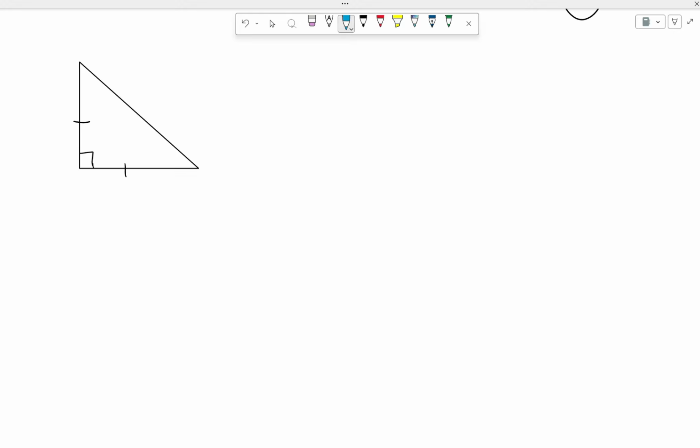So this side is x and this side is x, because this is a 45-degree angle, meaning the other has to be a 45-degree angle, so the hypotenuse has to be x rad 2. If I take the tangent of 45, the calculator gives you 1, and here's why. From 45, this is equal to x, my opposite, over x, my adjacent, which is 1.